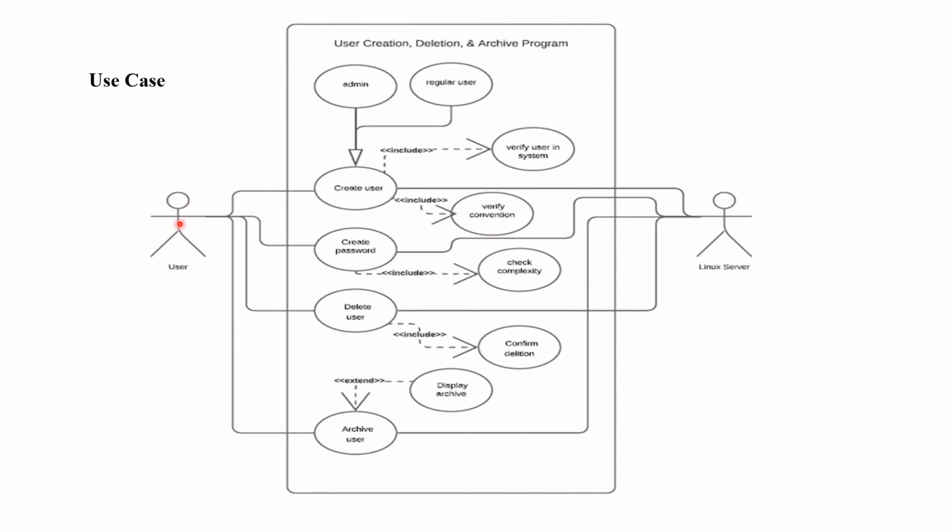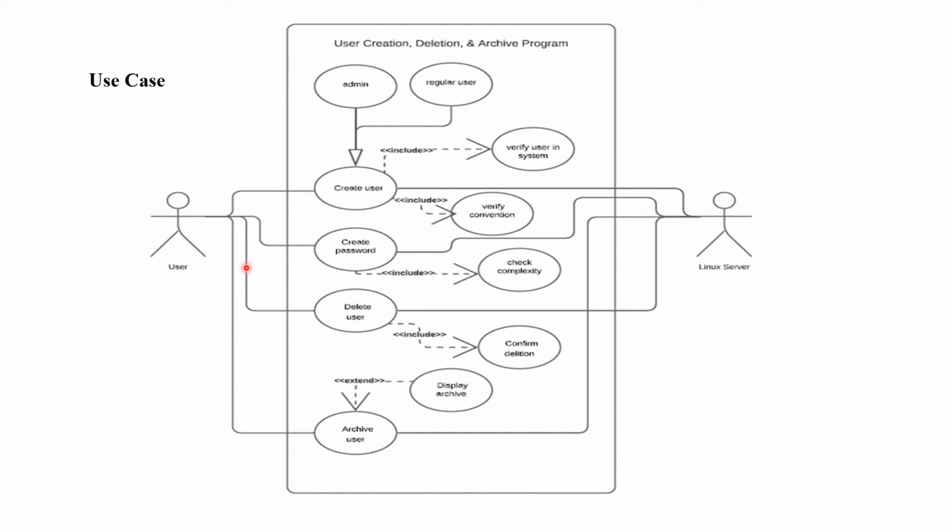Then the user or the actor can create a password, and the Linux system will check if the password meets the complexity or password aging policy, so that if the password is not complex, the system will not allow that password for the sake of security.